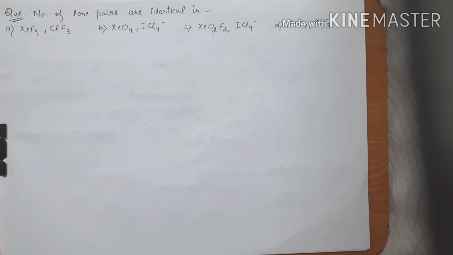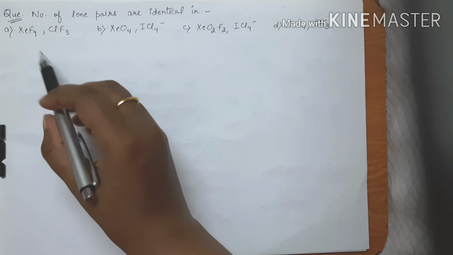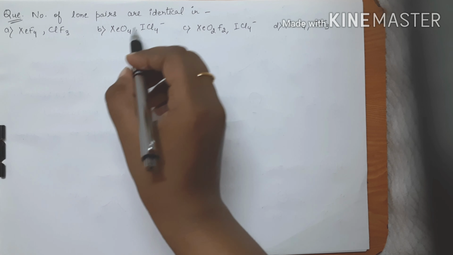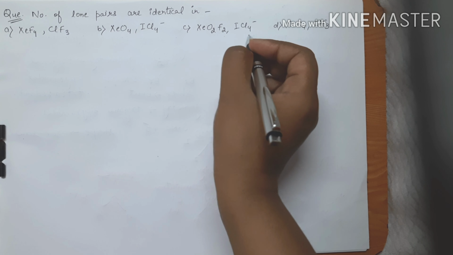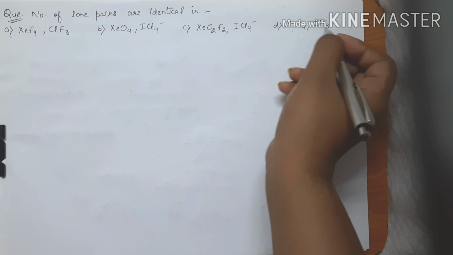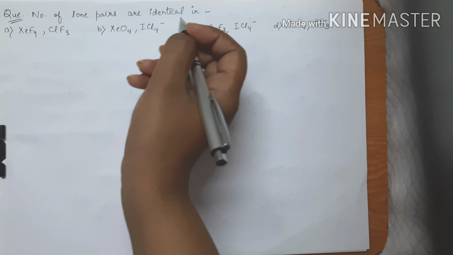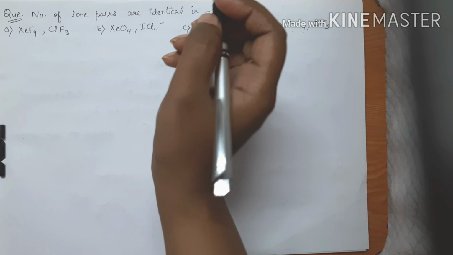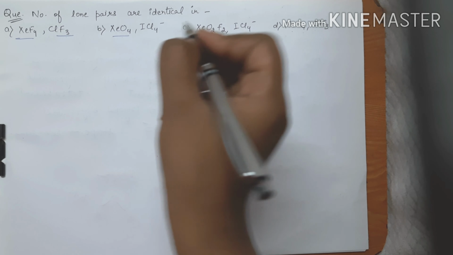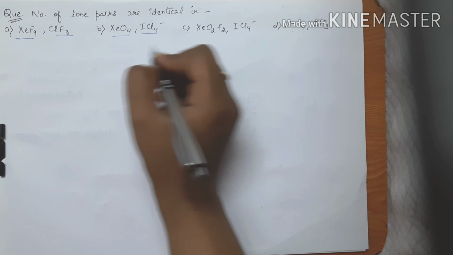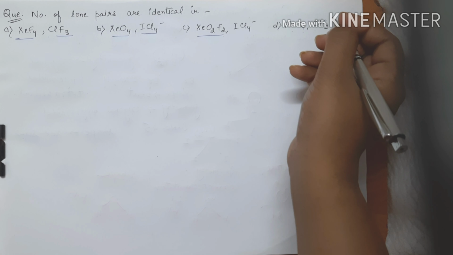The second question is: the number of lone pairs is identical in which pair: XeF4 and ClF3, XeF4 and ICl4 negative, XeO2F2 and ICl4 negative, or XeO4 and ClF3. So we have to find out the geometries of these molecules: XeF4, ClF3, XeO4, ICl4 negative, XeO2F2, right?